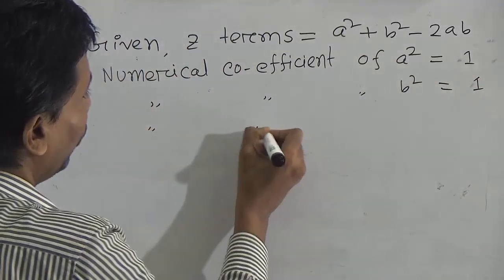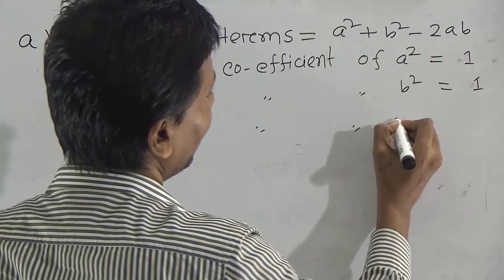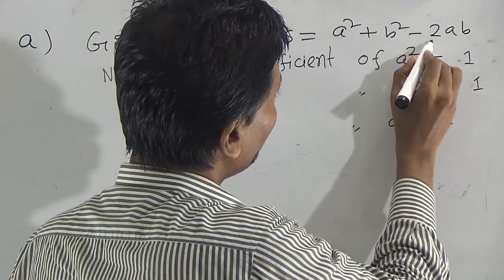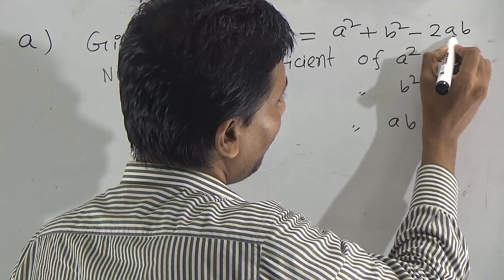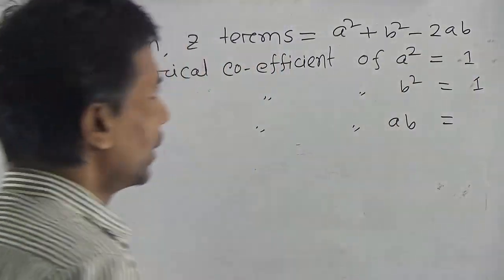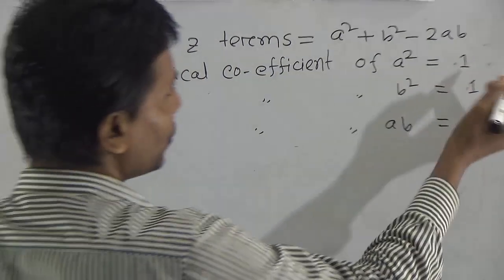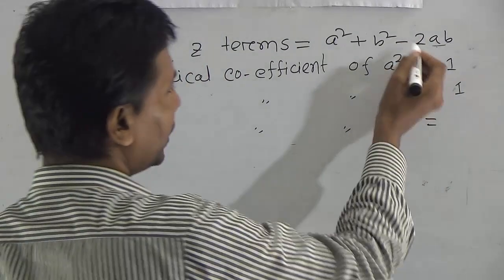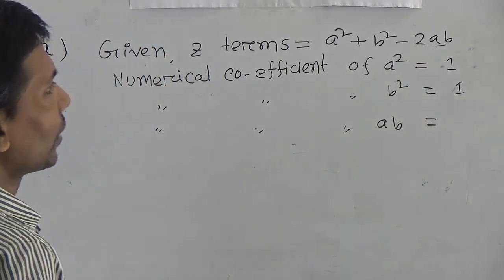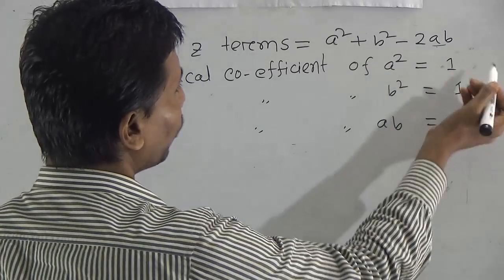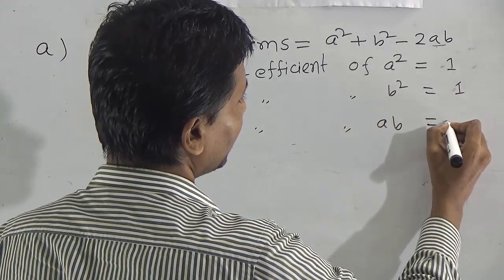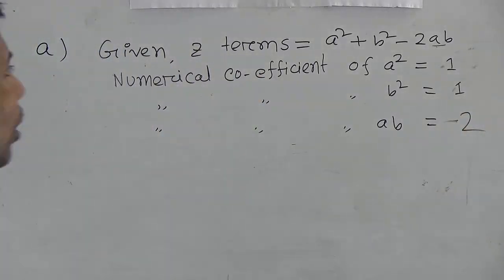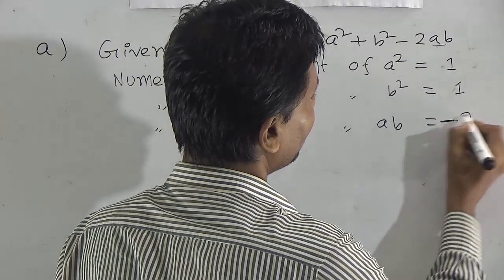Similarly, the numerical coefficient of ab. You see here ab, here minus 2 is attached with the term ab. You consider ab the variable and 2 the constant. So here the coefficient of ab is minus 2. So you write here the coefficient of ab is minus 2.